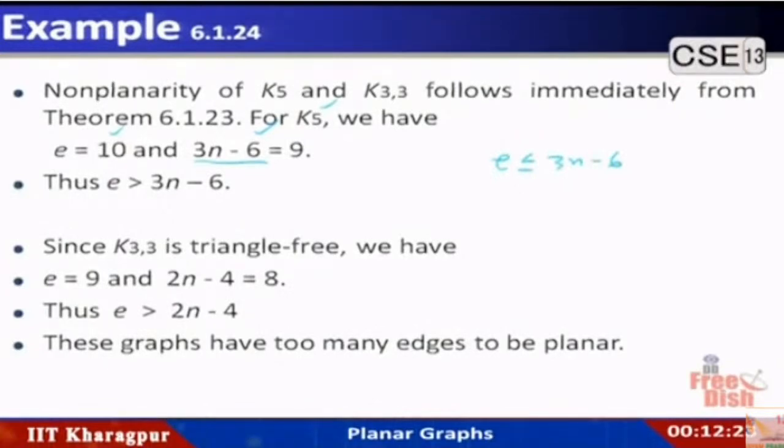E should be less than or equal to 3n minus 6, and here in K5 n is equal to 5, so that comes out to be 9.